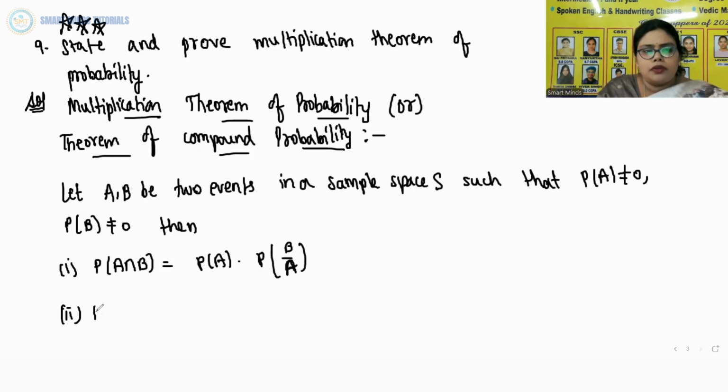Number 2, P of A intersection B is P of B into P of A given B. This is the statement of multiplication theorem.